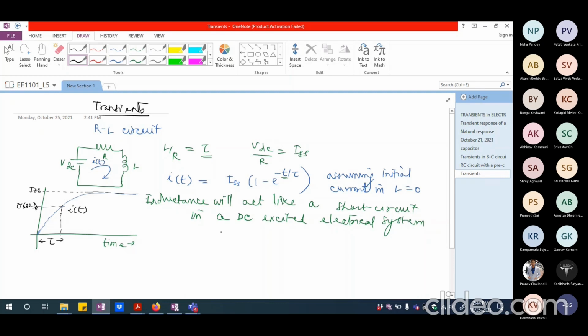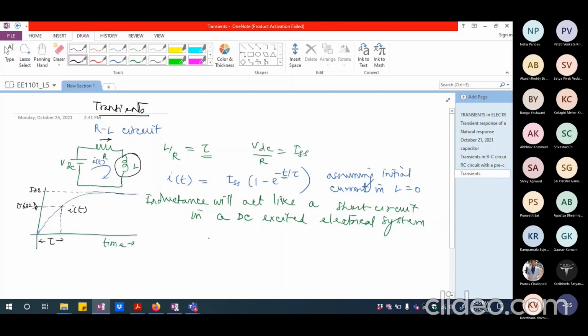And if I look at the voltage across the inductance, it will be the entire VDC when I start, because the current is 0, so there will not be any drop across the resistance. The entire VDC will come across the inductance.